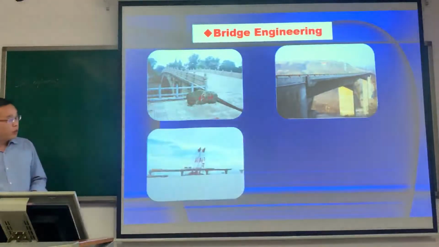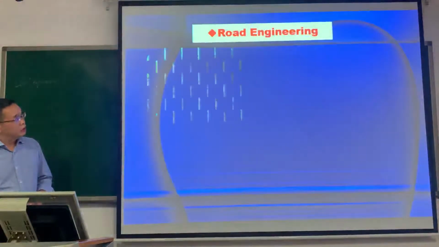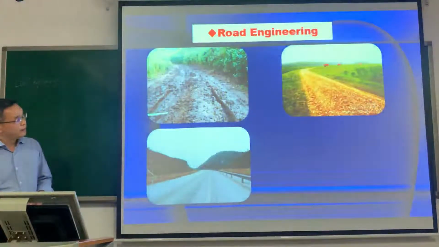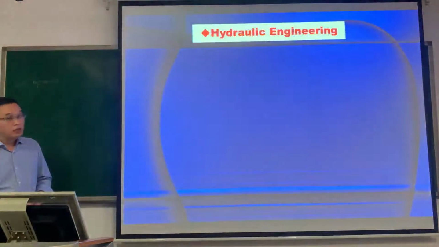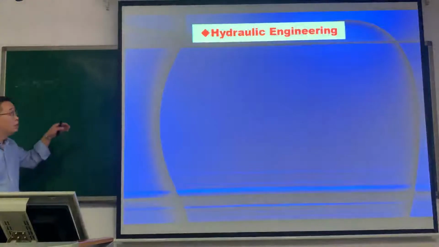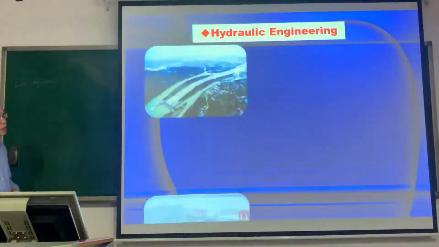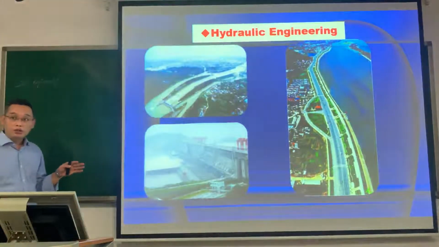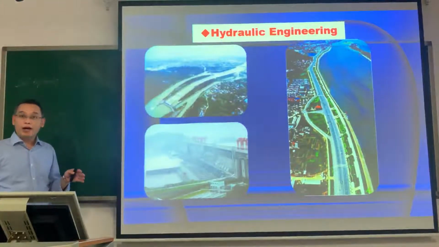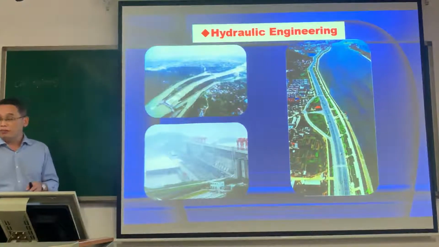The bridge engineering and the road engineering and the hydraulic engineering. They all belong to civil engineering. From this kind of structures, we can find many kinds of different materials, civil engineering materials.